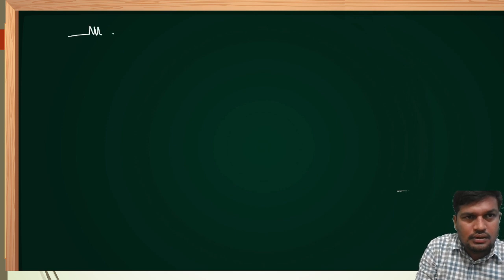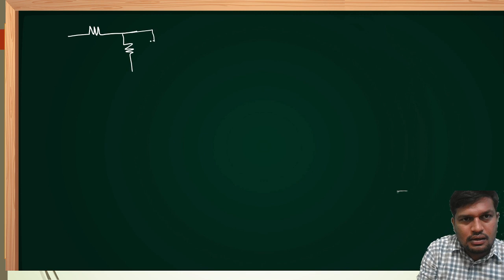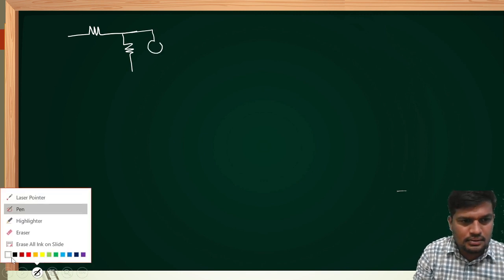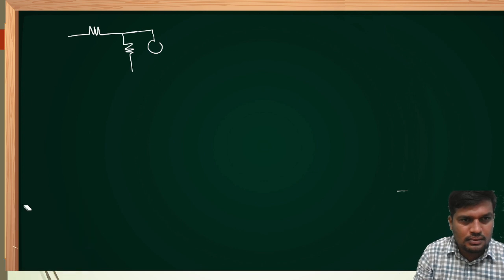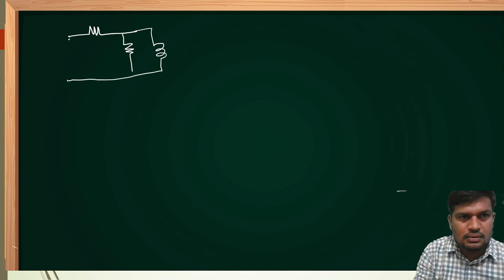Electrical circuit, let's say, having two resistors and one inductor connected across the source.